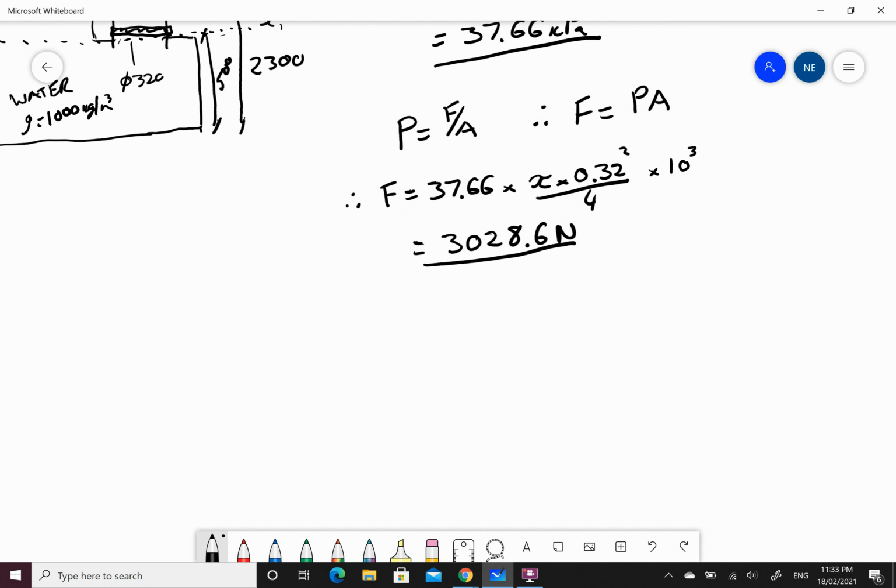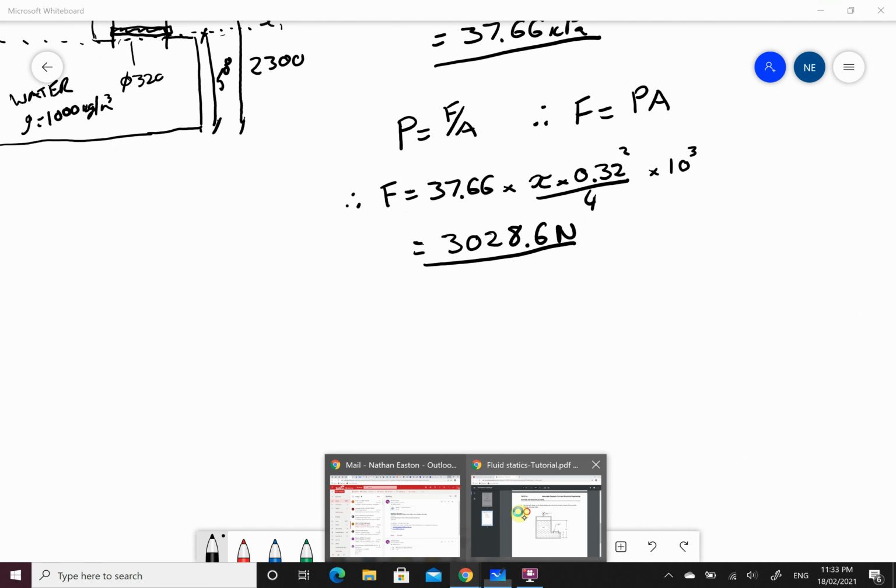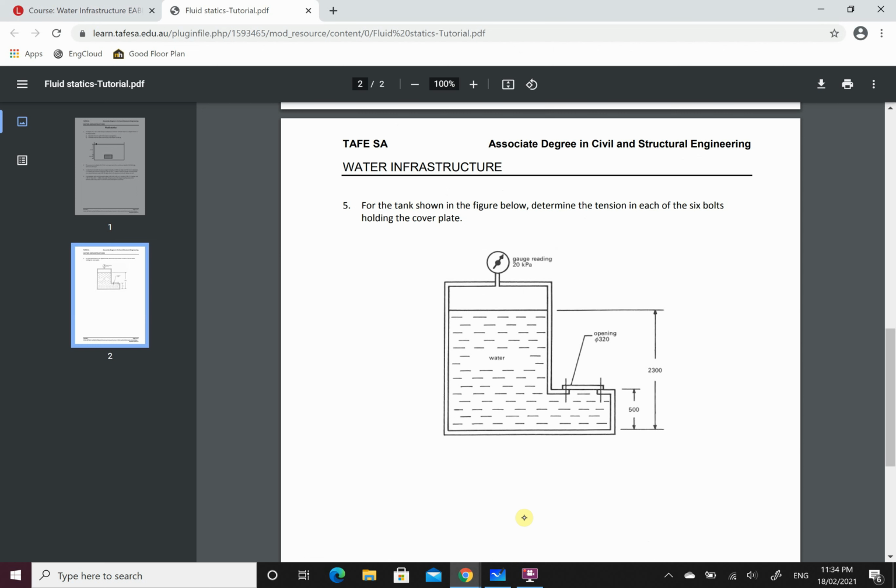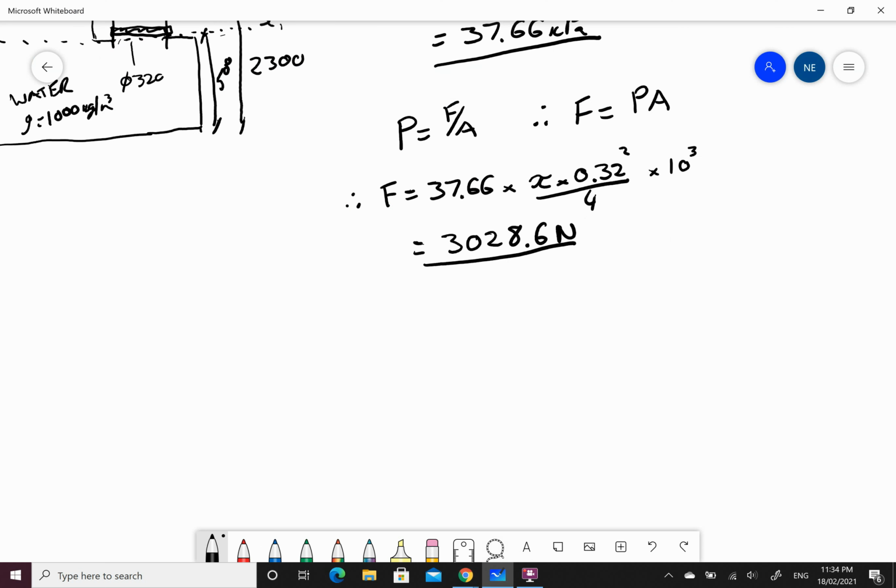Now what we're asked to do is find the force per bolt. So I have 6 bolts, determine the tension in each of the 6 bolts, so it's per bolt.